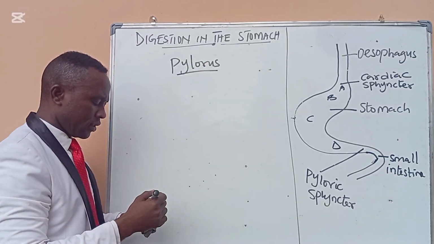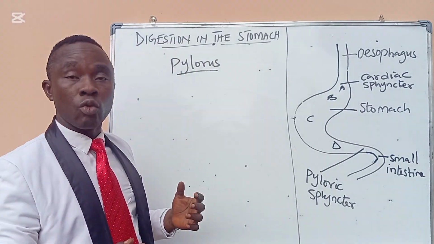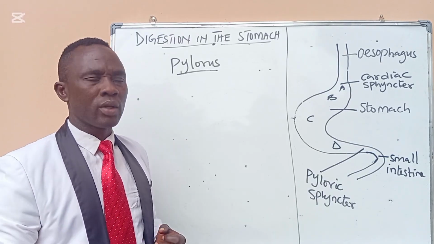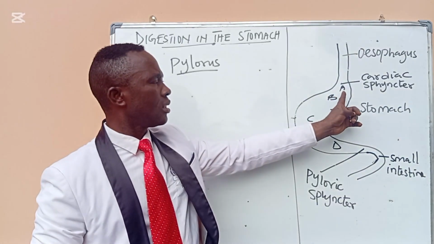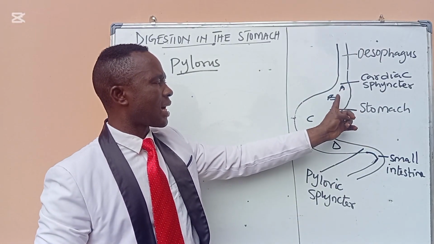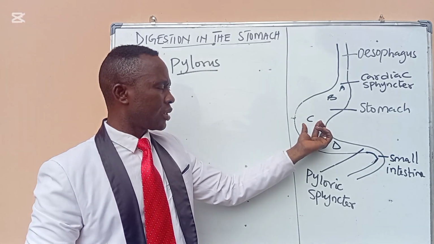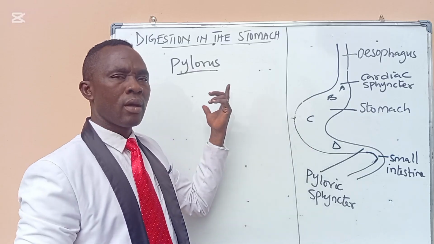I told you that the stomach is divided into four. We have the cardiac, we have the fundus, the body, and we have the pylorus. We have discussed the first two, which is cardiac and fundus. We have also discussed the central part, which is the body. Now we are coming to the fourth part of the stomach, which is the pylorus.